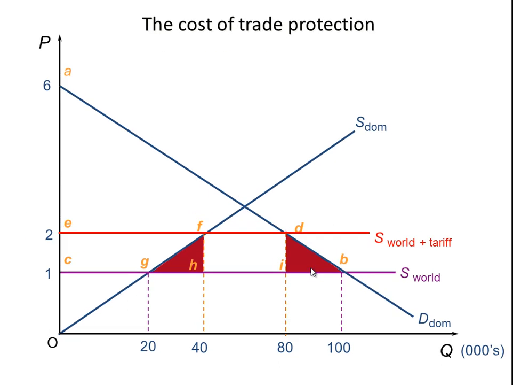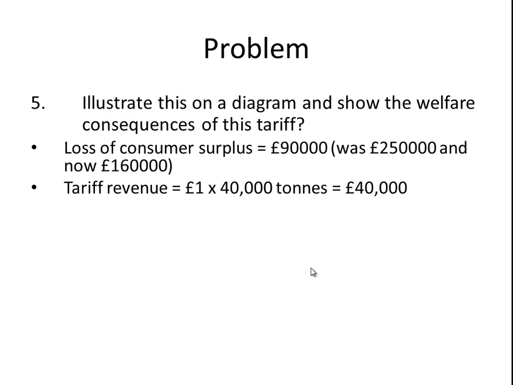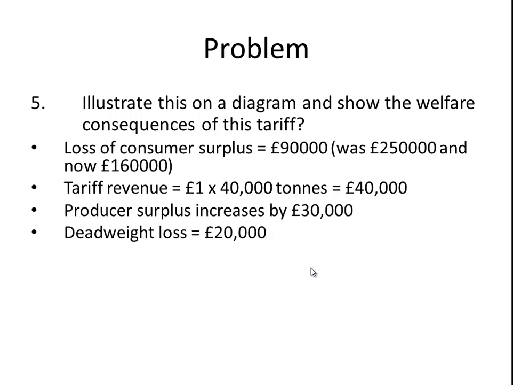That's GFH and DIB, and they are 10,000 plus 10,000, and that's £20,000. So that's the net loss from the tariff in this particular problem.